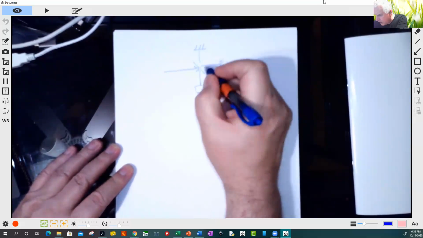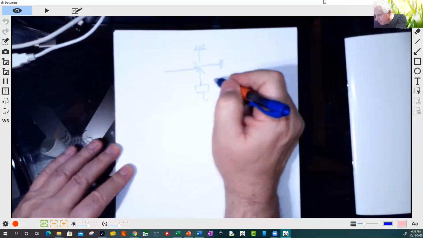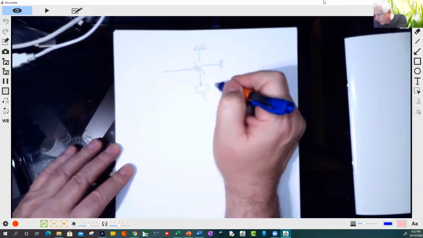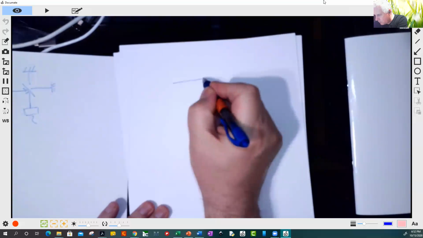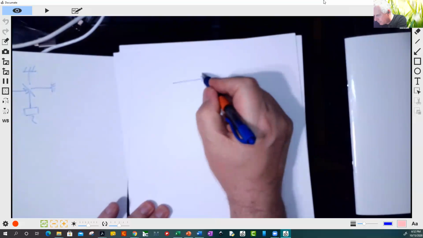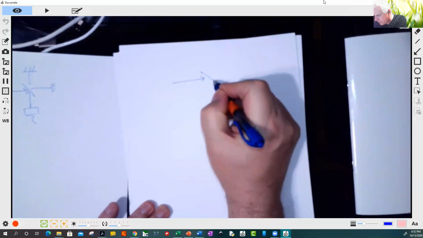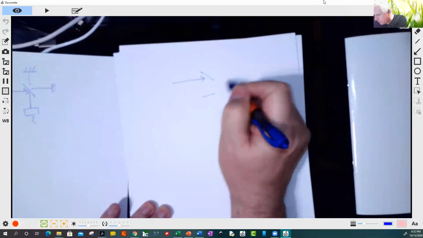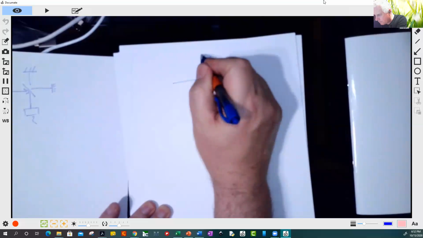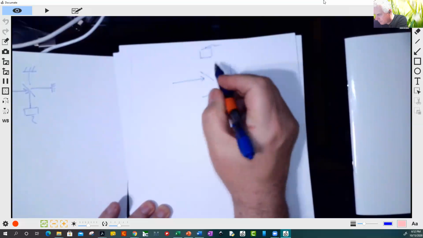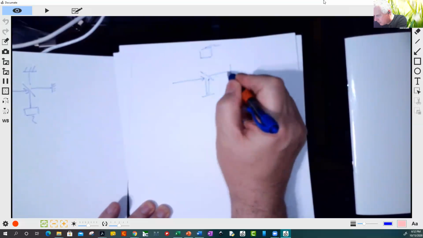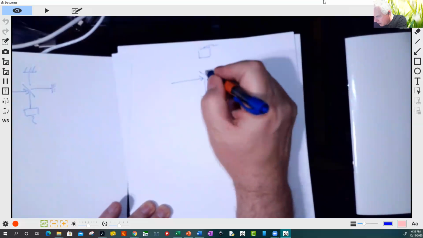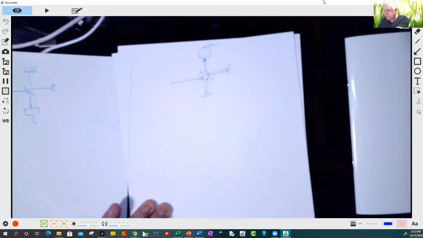Light source, and you've got a couple of paths there, and they combine going to the detector.